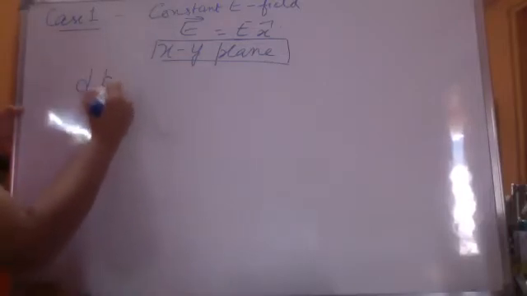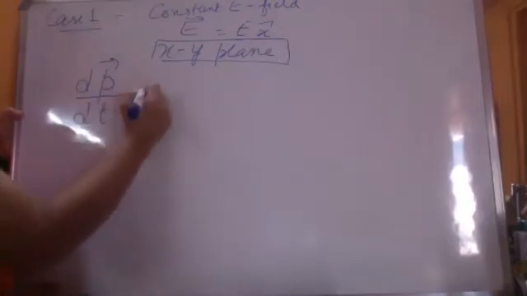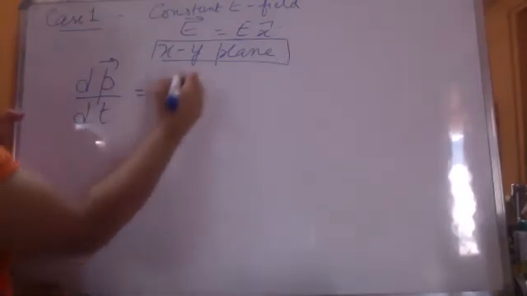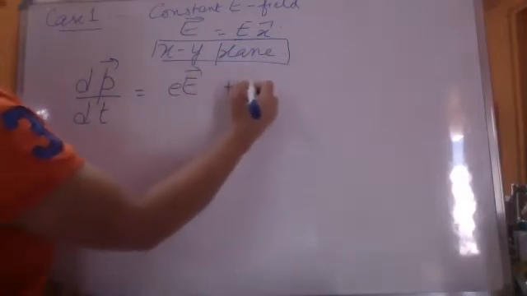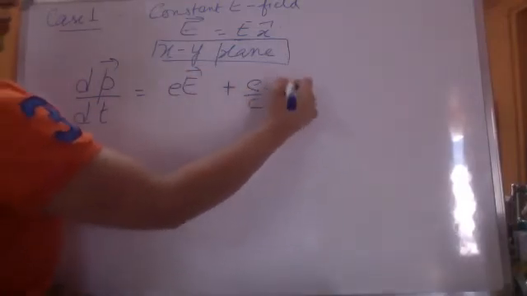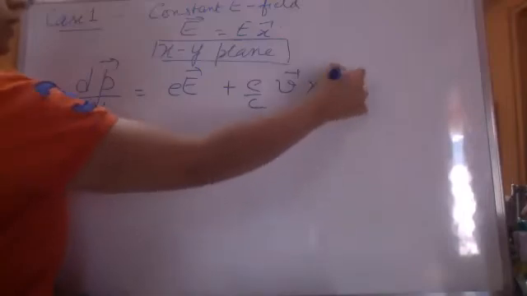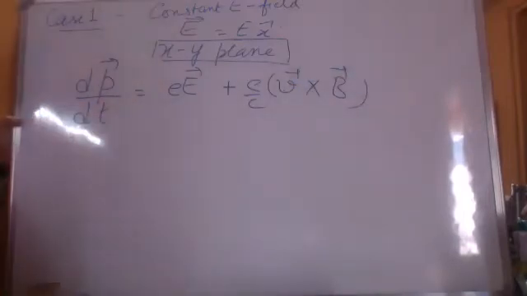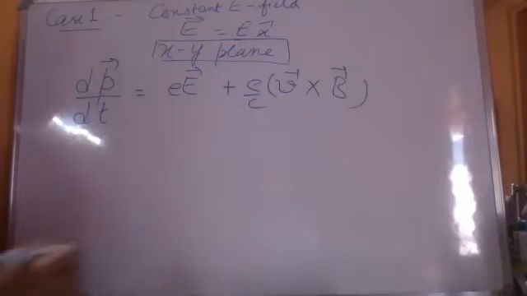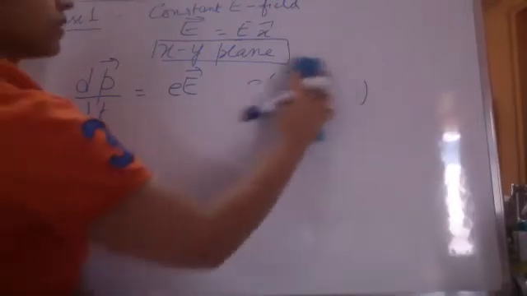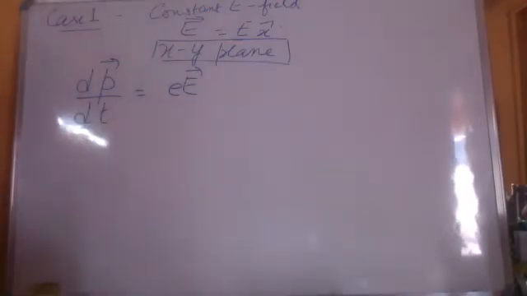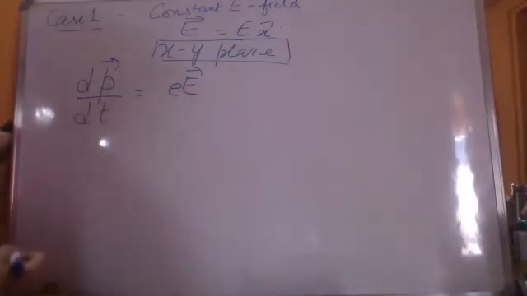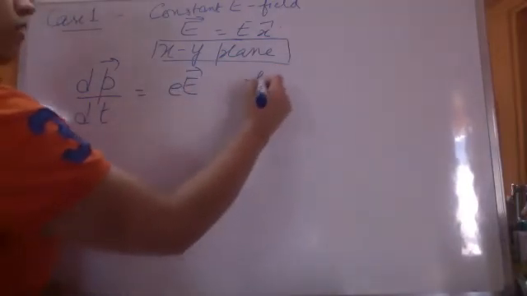So with this, to remind you of what we had from our previous class, the equation of motion for a charged particle in an electromagnetic field. Now, since I have only electric field, my Lorentz force or my equation of motion reduces to dp by dt equal to eE.